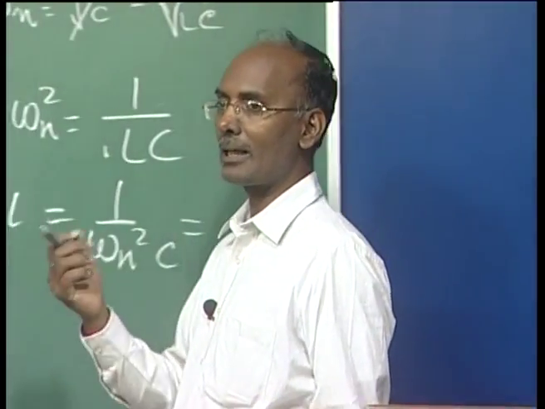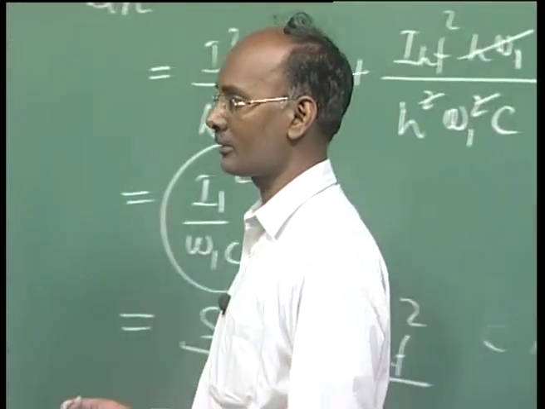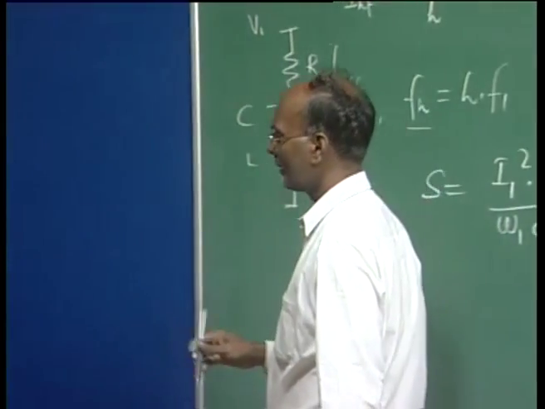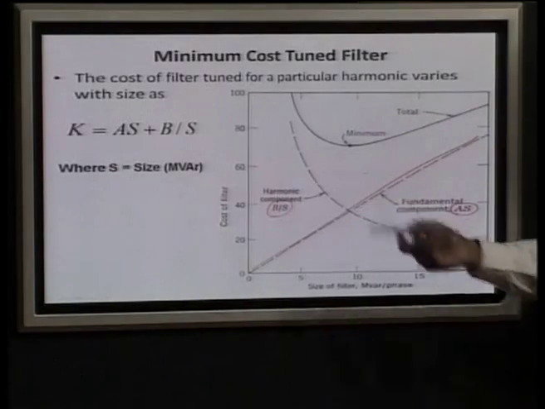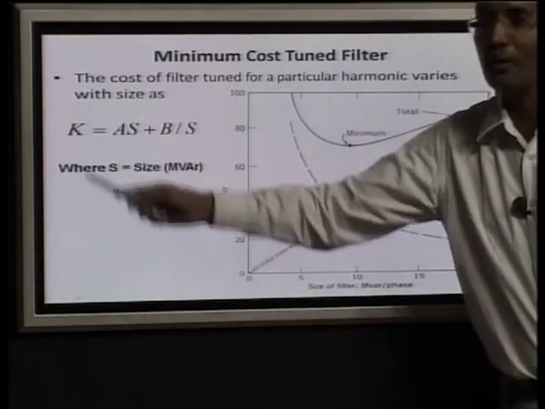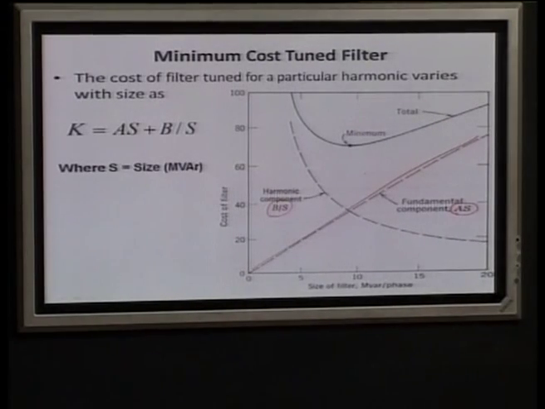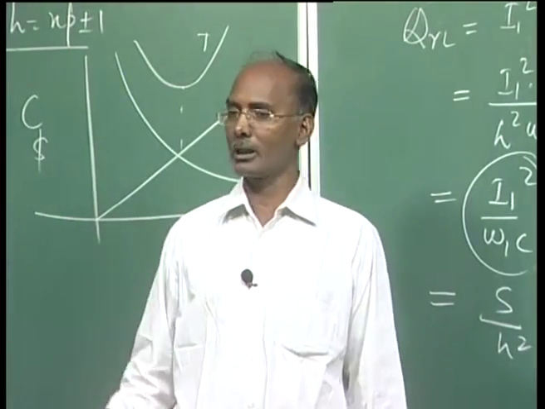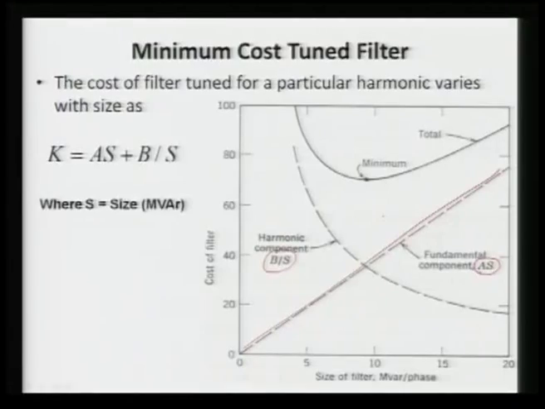One is decreasing and another is increasing, so we will get some optimal value at a particular size where the cost will be minimum. We have to find this minimum value. You can differentiate K with respect to S and equate it to 0 to get the optimal value of S, and then put it in to get K minimum.